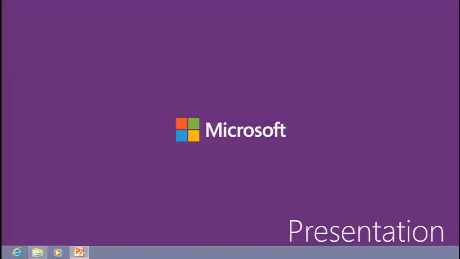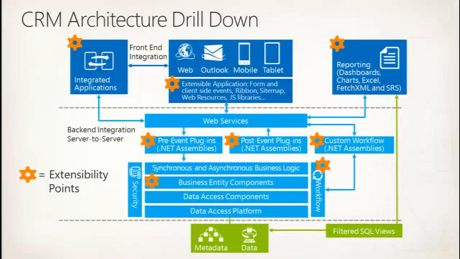Let me go to the architecture slide here real quick. When you look at the CRM architecture, our WCF endpoints work everywhere: in integrated applications, in built-in applications, in reporting and everything else.